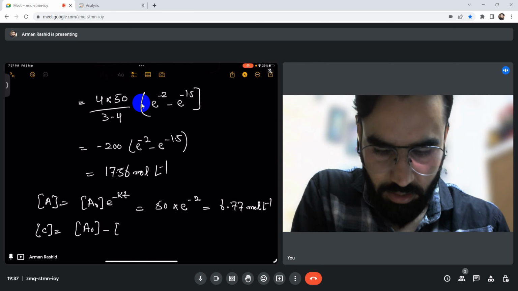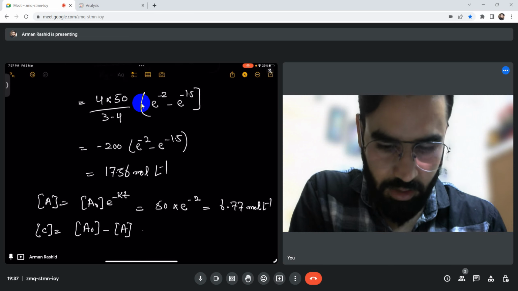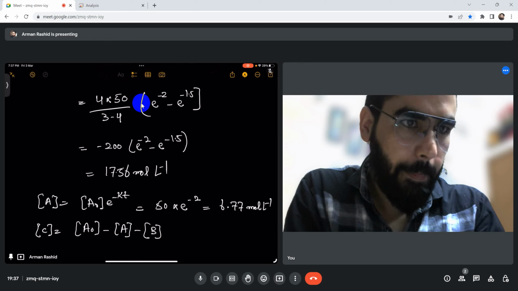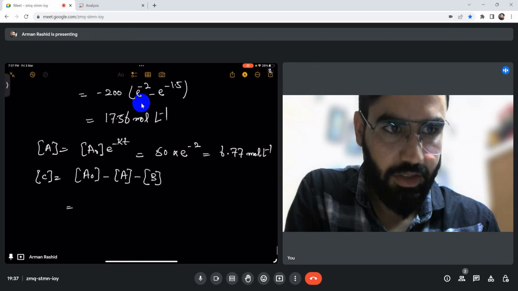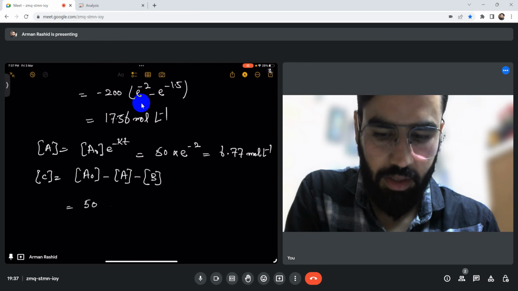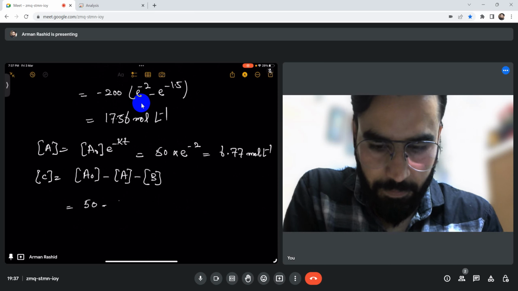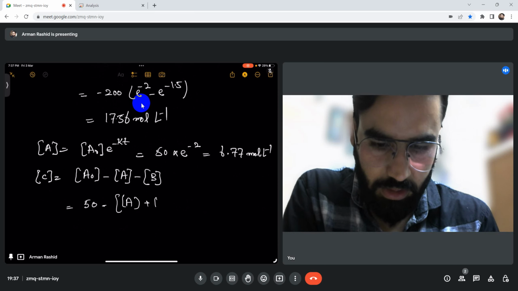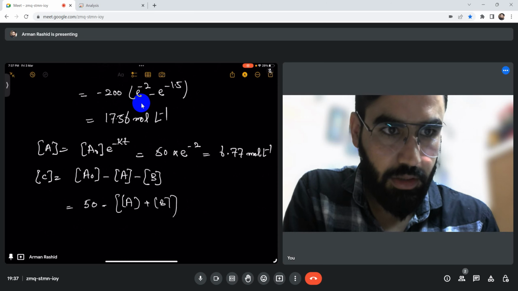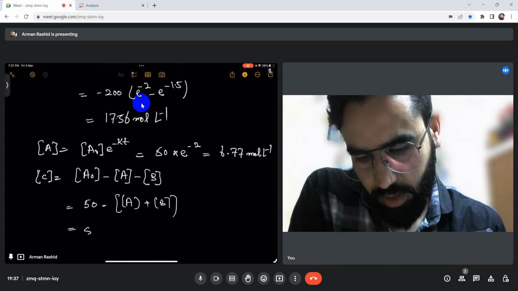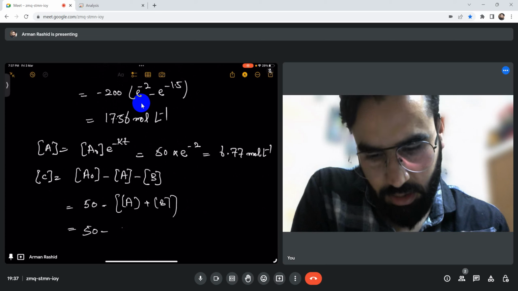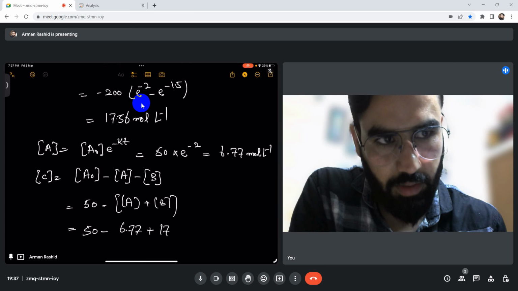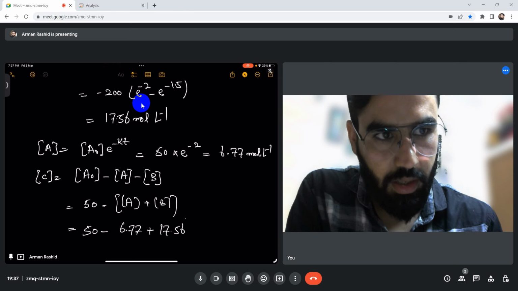So the concentration of C will be given by A0 minus A minus B. The concentration of C will be 50 minus A plus B, which is given by 50 minus 6.77, which we have already determined, plus 7.56.